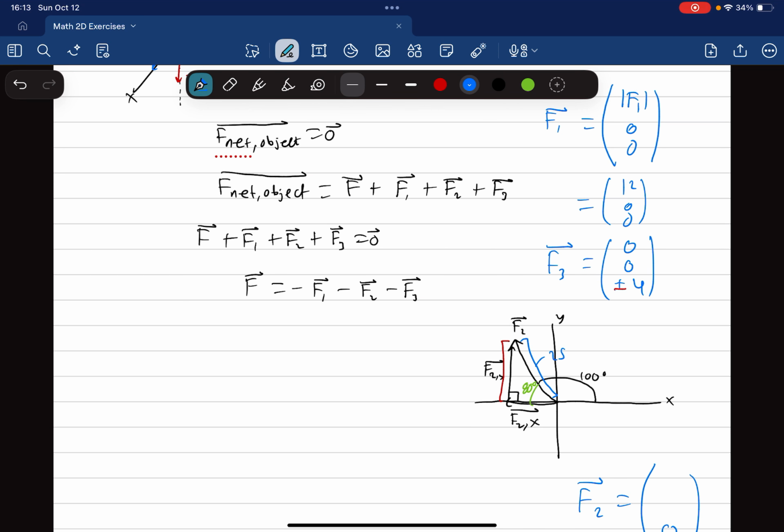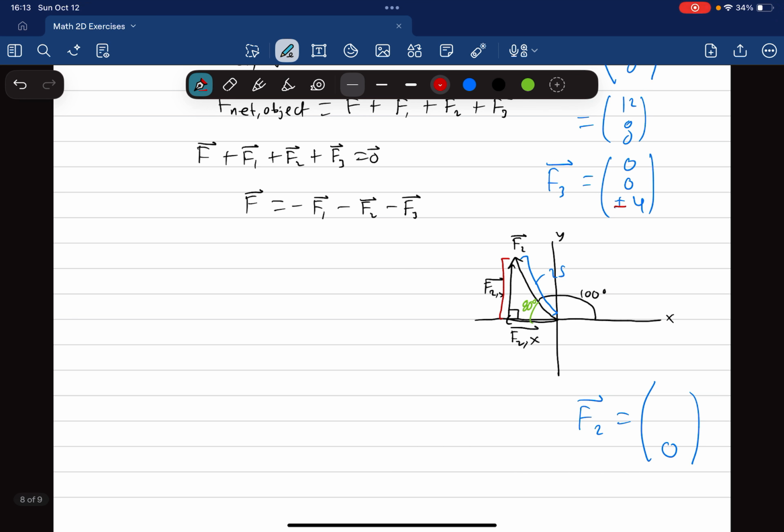This is 25. So by trigonometry, the length of the y component is 25 times the sine of 80 degrees. Similarly, the x component is 25 times the cosine of 80 degrees.